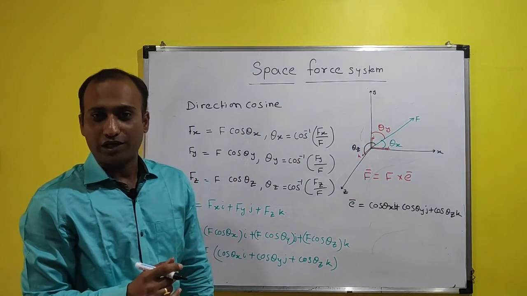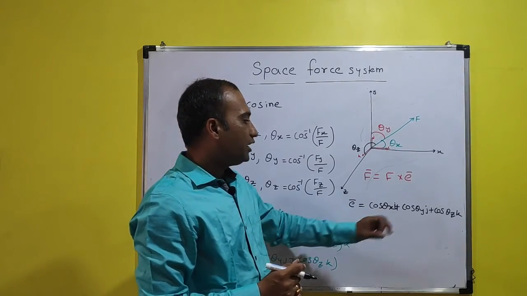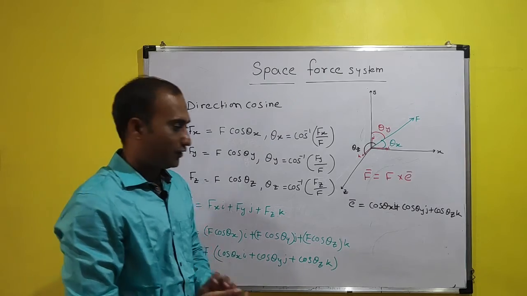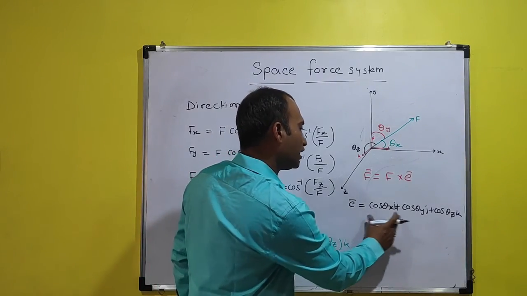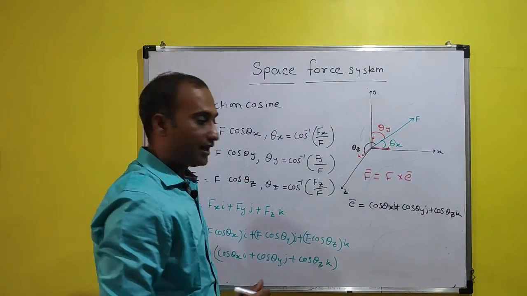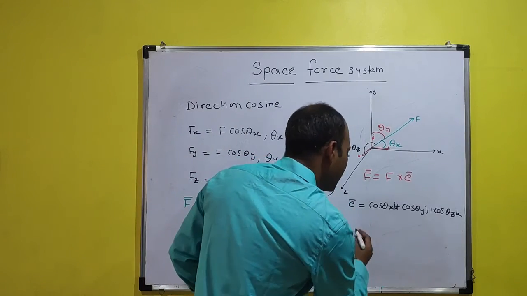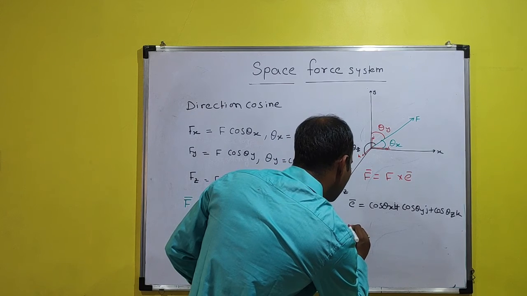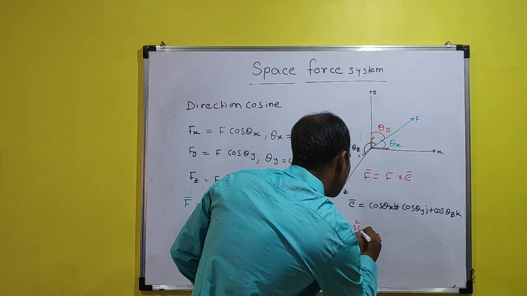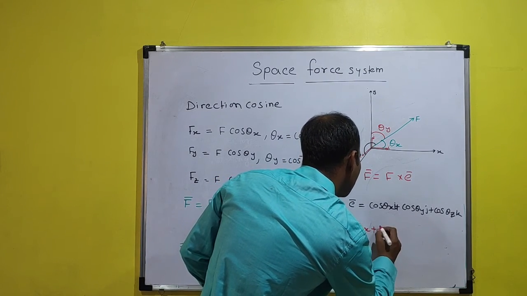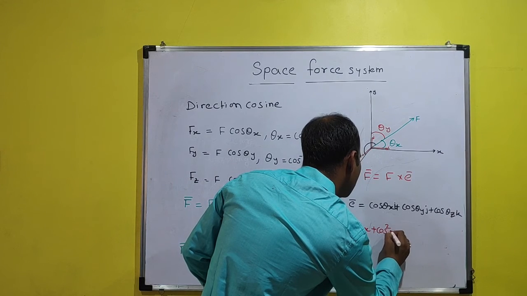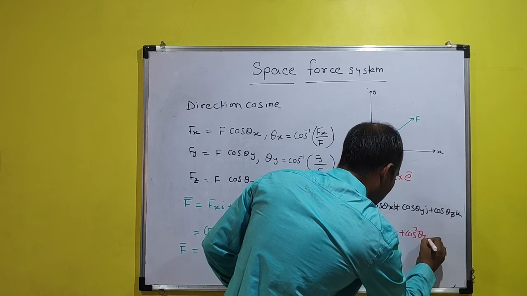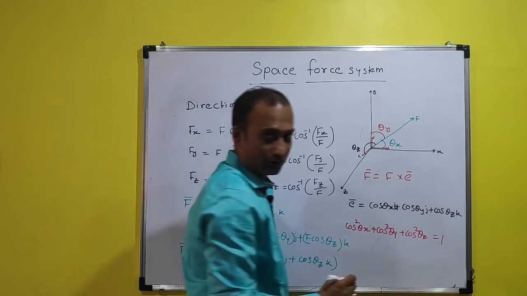And we know how to calculate the magnitude of this unit vector. It is already 1. So the magnitude of this unit vector is 1, and we can also calculate the magnitude for the right hand side. So we can rewrite this equation as cos square theta x plus cos square theta y plus cos square theta z is equal to 1.